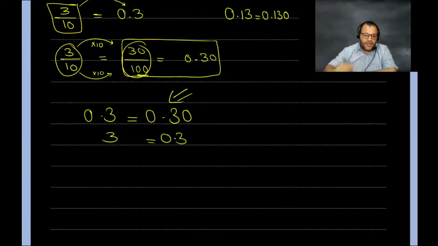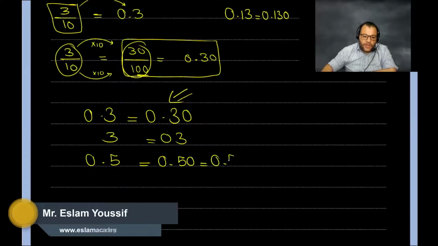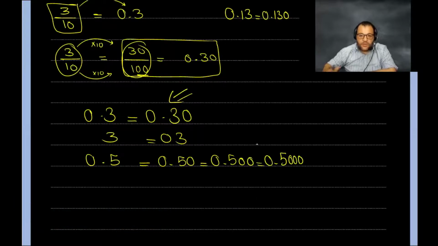So 0.5 is the same as 0.50, the same as 0.500, the same as 0.5000. If you add 0 at the right of the decimal, you will find the same value.